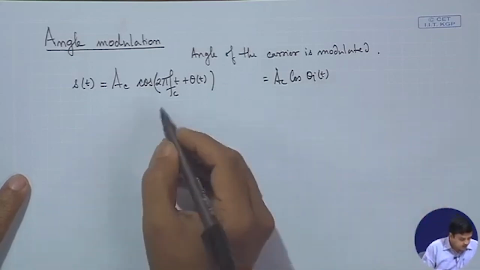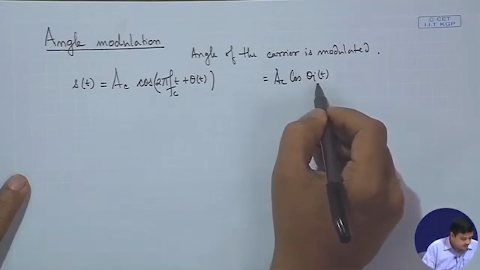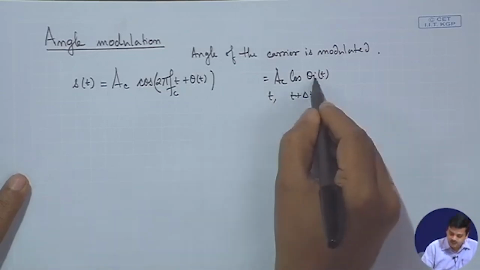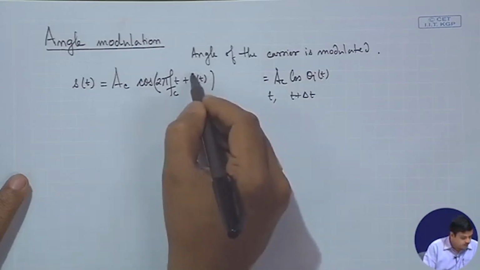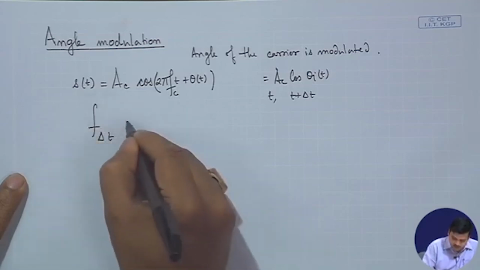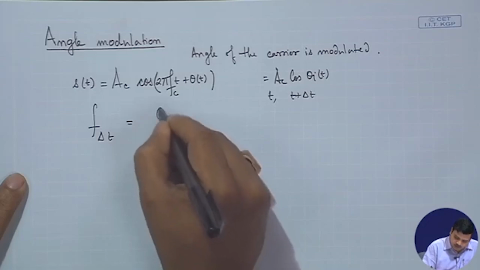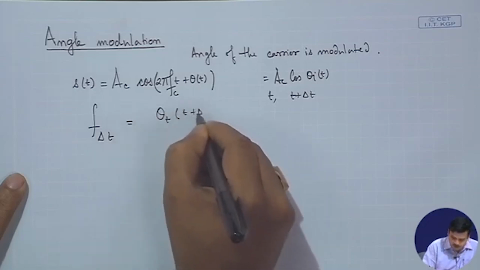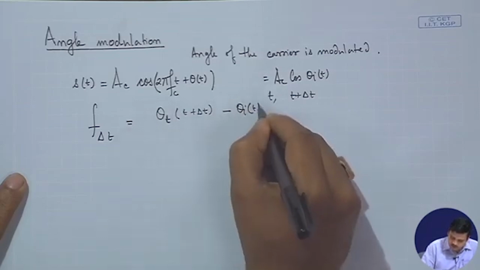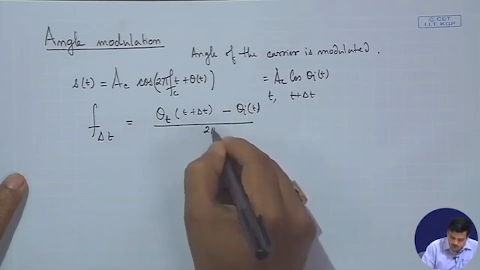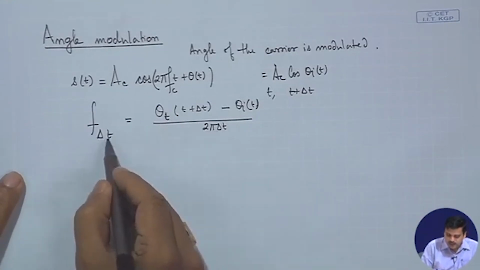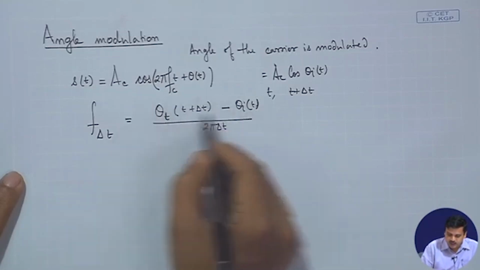And we could say that when this theta_i(t) changes between the time interval t and t plus delta t, this whole thing being the instantaneous phase, then the frequency resulting from the change in phase could be denoted as f_delta t equal to theta_i(t plus delta t) minus theta_i(t) upon 2 pi delta t, because 2 pi delta t times f in that interval of time is basically the change in phase that occurs.